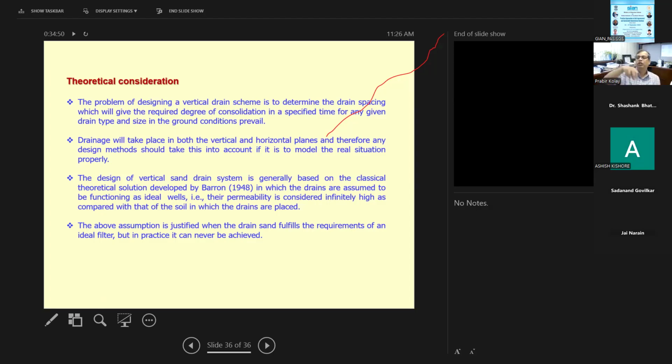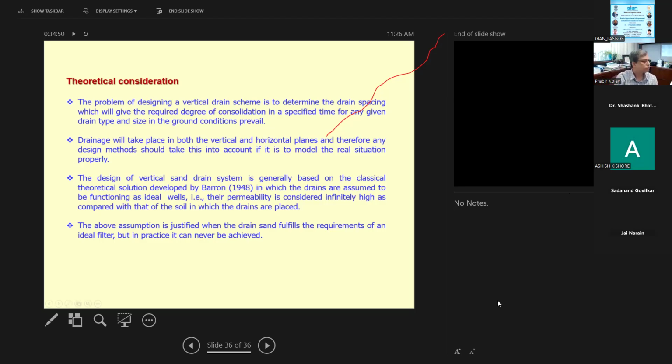Only thing is you need to check what pattern you used, whether it is sand drain or PVD, and then what should be the equivalent diameter. If you know how much equivalent diameter is covered by a particular sand drain, and if you know the whole area, you can find out how many sand drains you need, and then you can design accordingly.